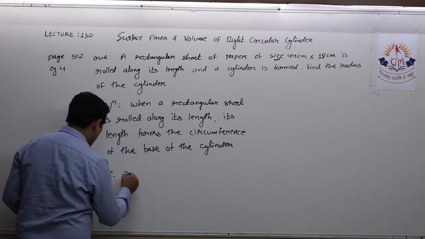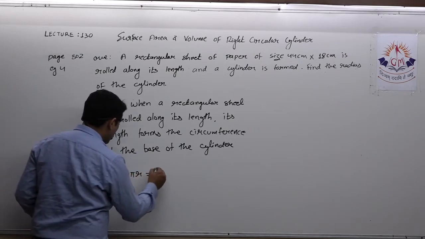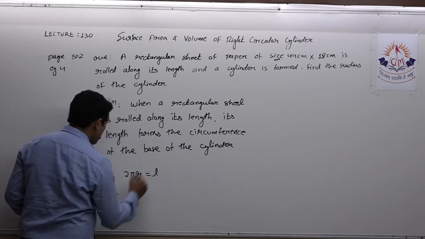Therefore, I can say 2 pi r is equal to L, that is length of the rectangle.